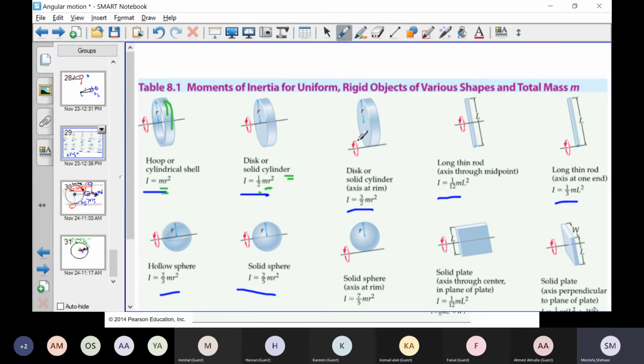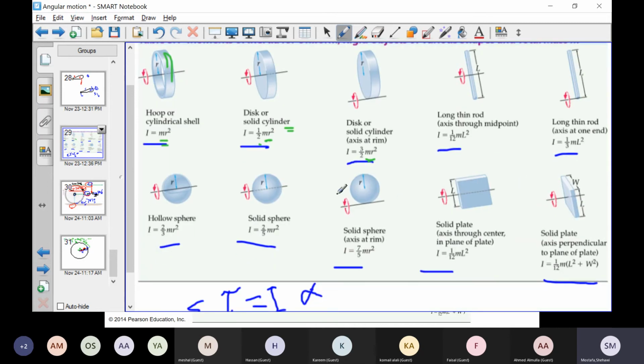The axis of rotation is in the middle. If we have a solid cylinder and the axis is tangent to the edge, it will be 3/2 mr squared, and so on. For each shape, you will have a different moment of inertia. The higher the moment of inertia, the more difficult it is to make it rotate.